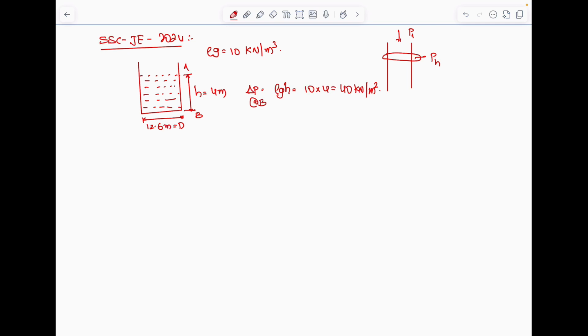And they have asked us to calculate hoop tension. Calculate hoop tension at the base of the tank.